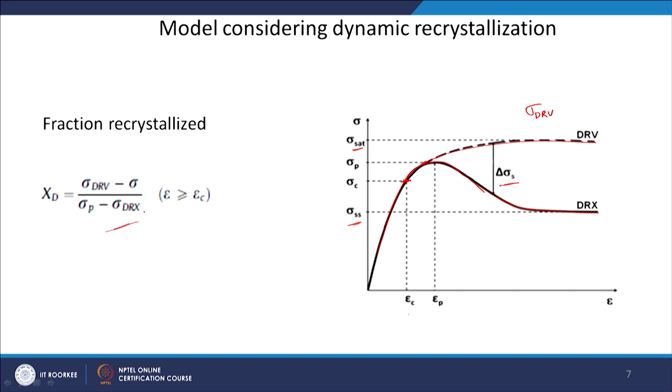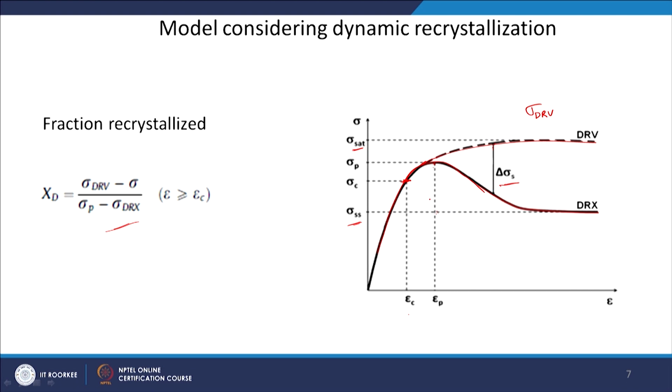Okay. So, what they are saying is that if I subtract sigma DRV minus the stress at a particular point, and divide by sigma p minus sigma DRX, this is actually the total drop in the stress because of the recrystallization.